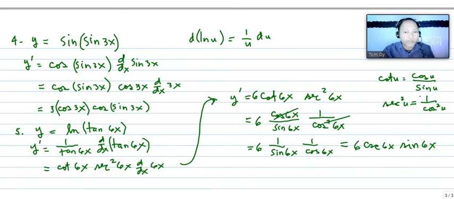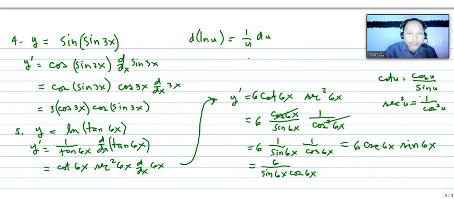Okay, so if we retain this one, that is equivalent to 6 times 1 times 1, that is 6, divided by, I will combine here, sine 6x cosine 6x.